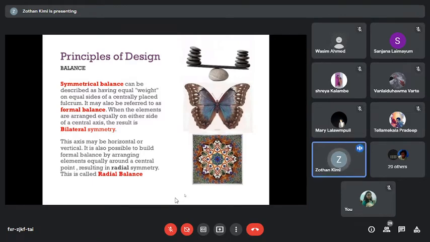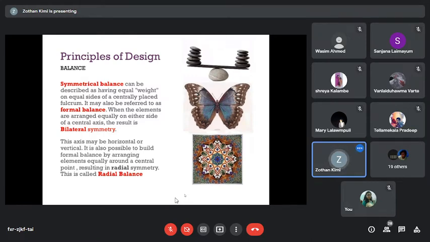Okay, thank you, Wasim. So symmetry, we all know what is symmetry, right? Whatever is on the left side is exactly the same on the right side. So naturally, we attain balance in that because visually as well, both sides are equal. For example, the Taj Mahal is a design with a symmetrical balance because if you imagine a vertical axis right in the center, then we have both elements on the two sides exactly similar.